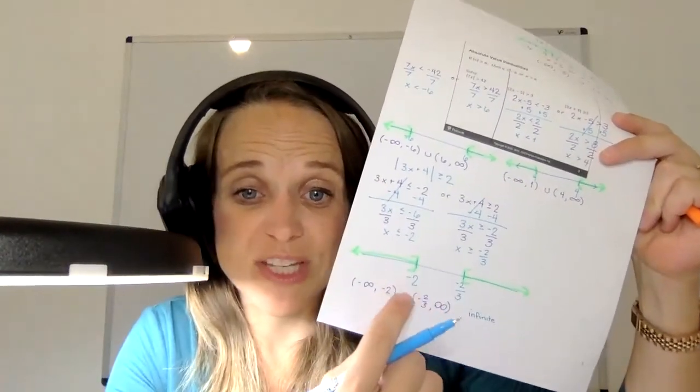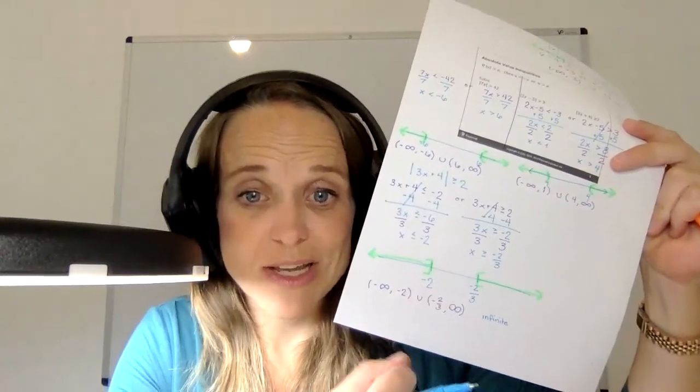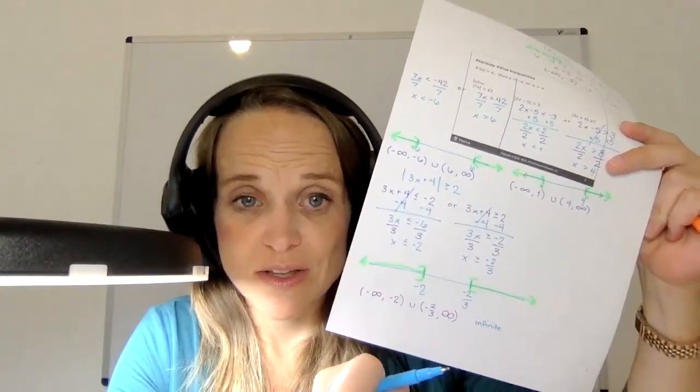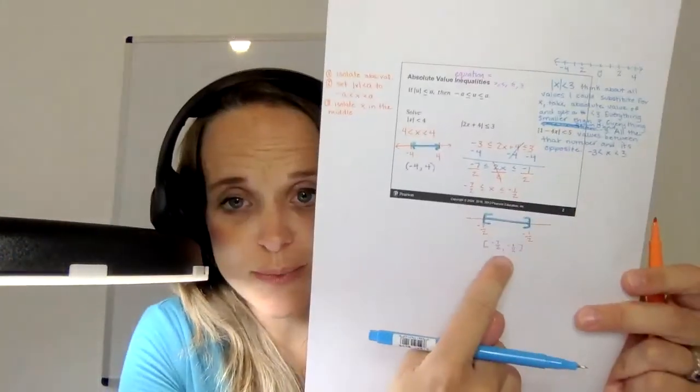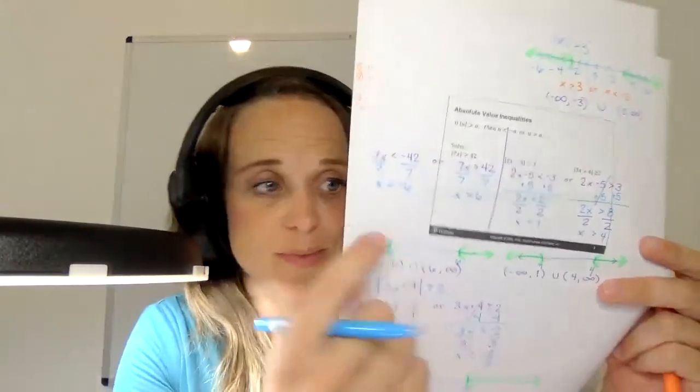And you need to put the U, the union sign, between the two groups. The other one, this one, you don't need any U because it's only one bracket. But when there are two brackets, you need to unite them.